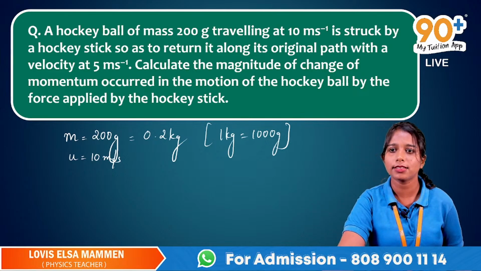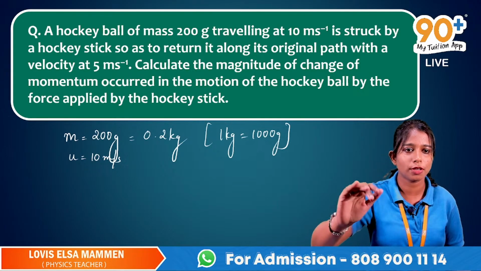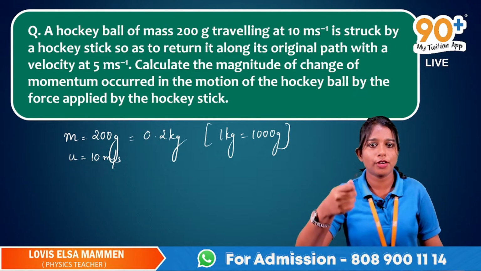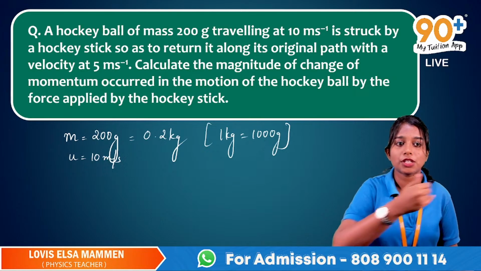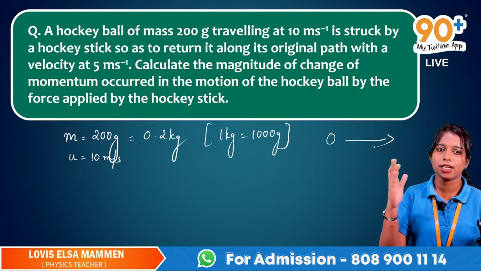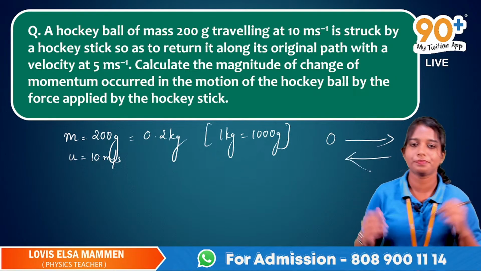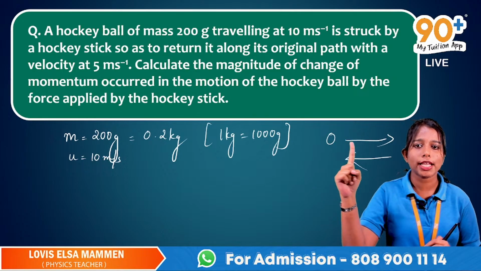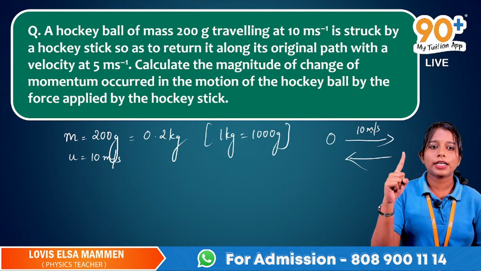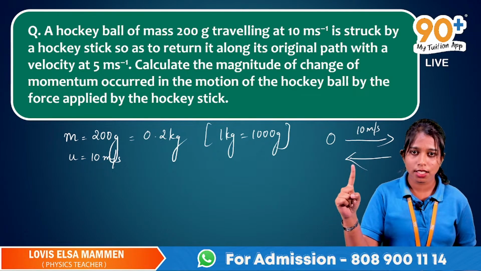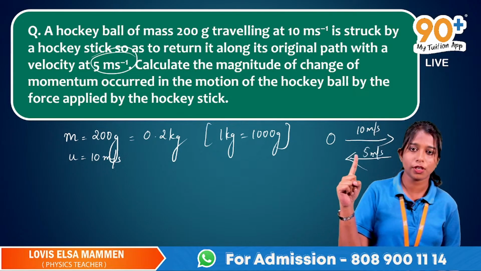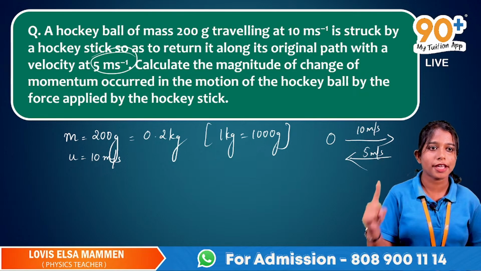The ball was moving like this, and when we struck it with the hockey stick, obviously it comes back. So the hockey ball initially was moving with 10 meter per second velocity. When it is struck and returned along the return path, it has a velocity of 5 meter per second.